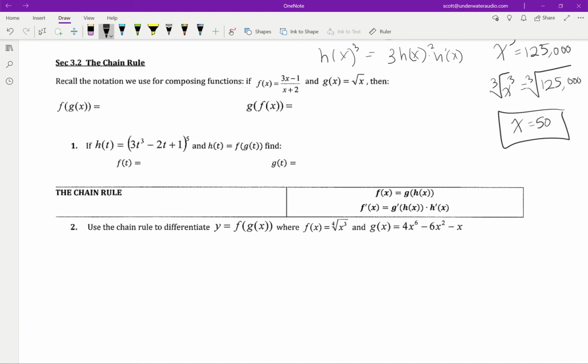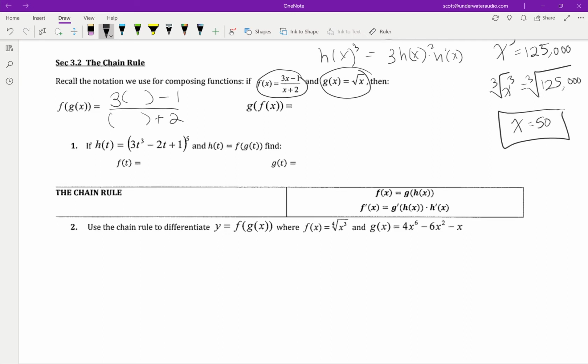So if I've got this function f of x and this function g of x, when I compose them, f of g of x, this notation means that in the function f of x, everywhere that I see an x, I'm going to replace it with g of x. So my function is 3 times x minus 1 divided by x plus 2.